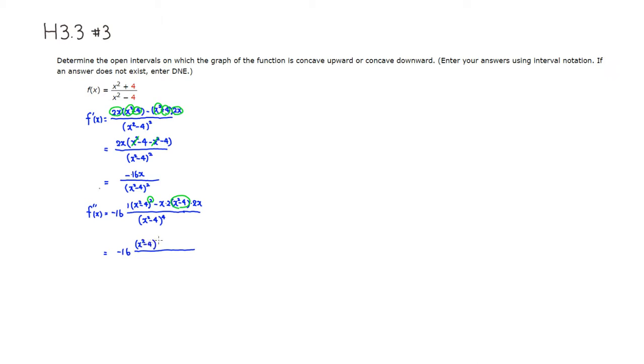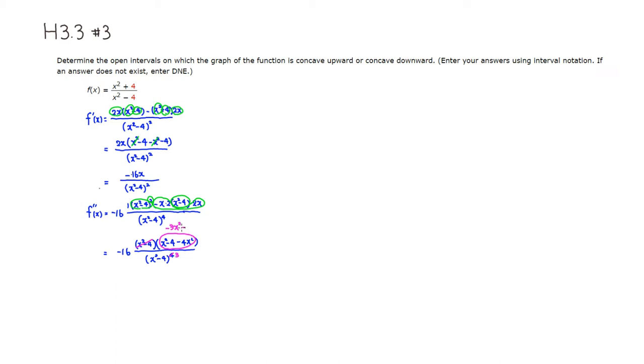What's left over is x squared minus 4 from the first term, and then we have a minus 4x squared. On the bottom you have x squared minus 4 to the 4th power. We have a common factor, so you can cancel this and reduce the 4 to a 3rd power.